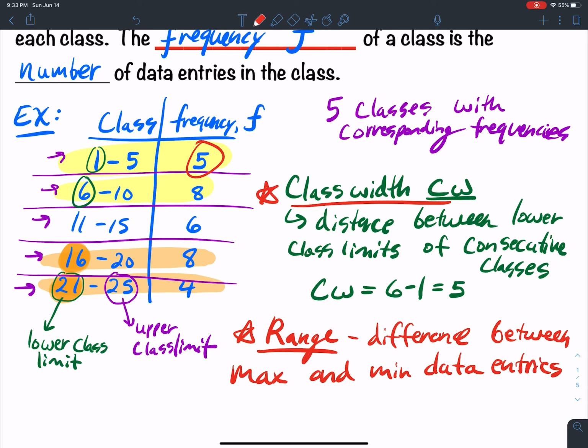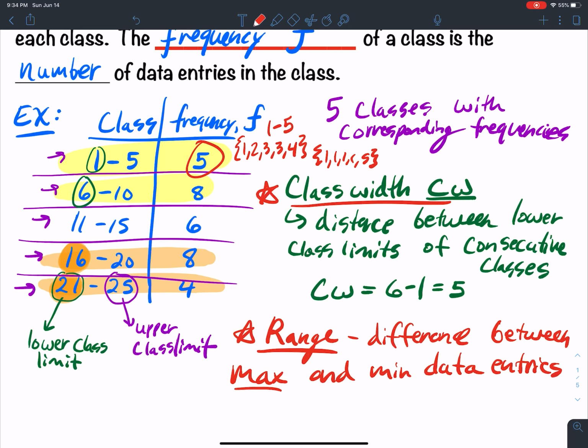All we know is that there are 5 of them. So maybe you could have the data points like 1, 2, 3, 3, 4, okay? That would be 5 data points that fall in the range, the class of 1 to 5. Heck, it could just be 1, 1, 1, 1, 5, right?